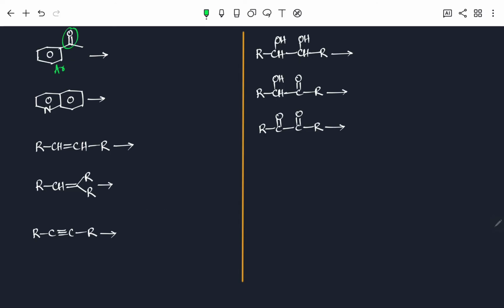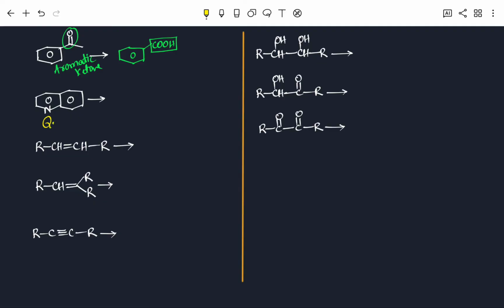So it is an aromatic ketone. In this case also the entire ketone chain will be converted into carboxylic acid.